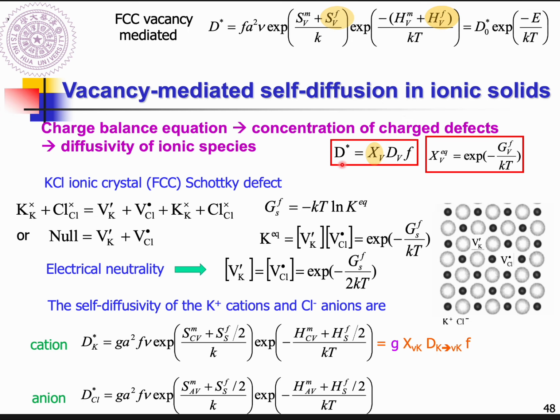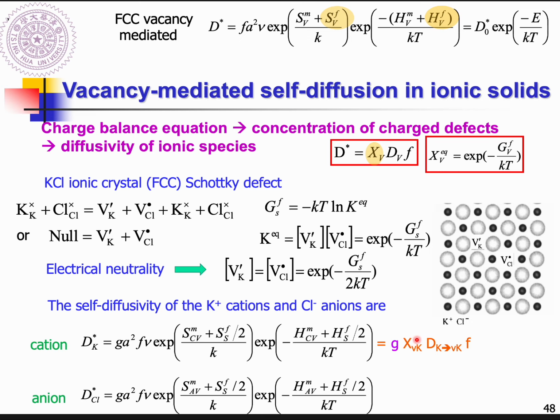So we just base this on the equation we derived in the first sections. So XV here is XVK, because we talk about D K, so it will be XVK. And the D V, the diffusivity of a vacancy, the relationship between the VK and the potassium, will be the diffusivity of a potassium ion jumping into the VK. So it will be this jump to here, times F.